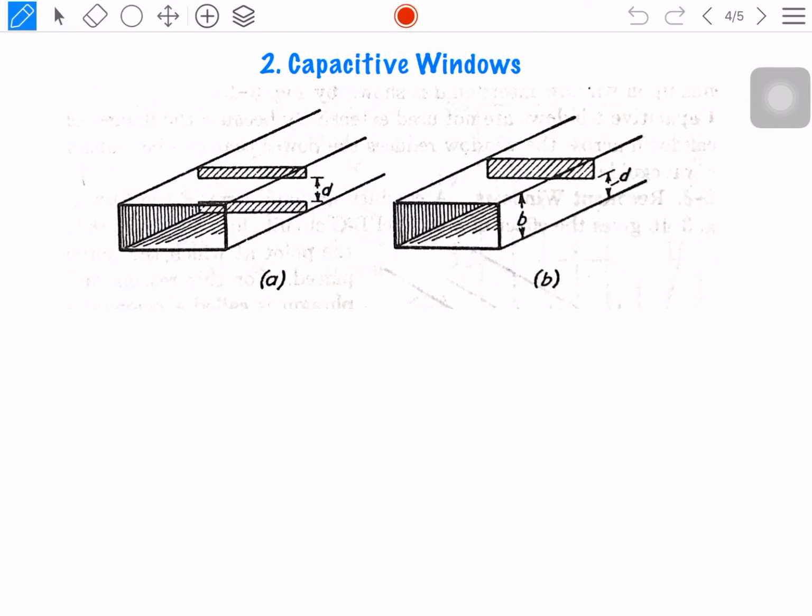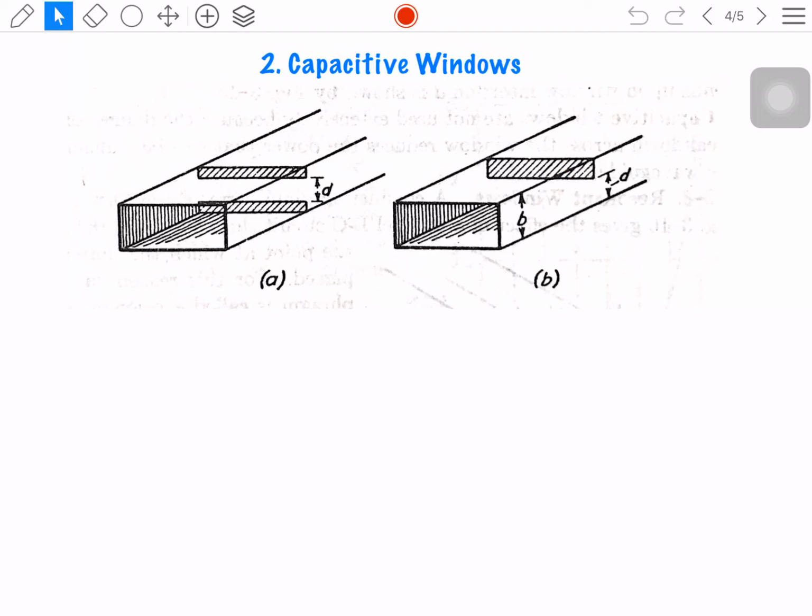The figure is showing you clearly how these diaphragms are inserted from the top and the bottom planes of the waveguide. In the case of a symmetrical type, we have two conductors from either plane. Whereas in the case of an asymmetrical type, only one diaphragm is placed, either from the top or from the bottom. In this case, it is placed from the top plane of the waveguide.